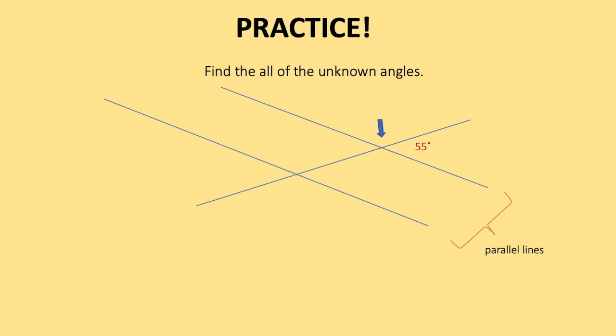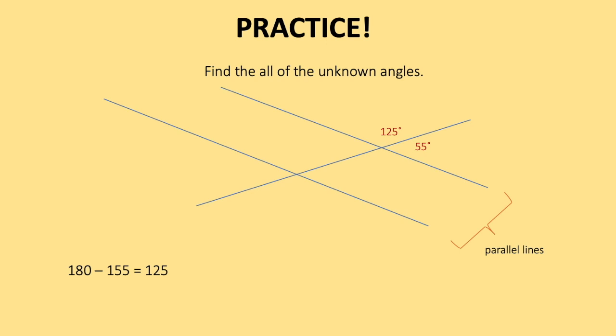But I'm going to start with this angle because it's a complementary angle, and once we find this one, then we'll be able to find all of the other angles in the diagram. So since that's complementary, we are going to subtract 55 from 180, which gives us 125. So we know that that angle is 125.